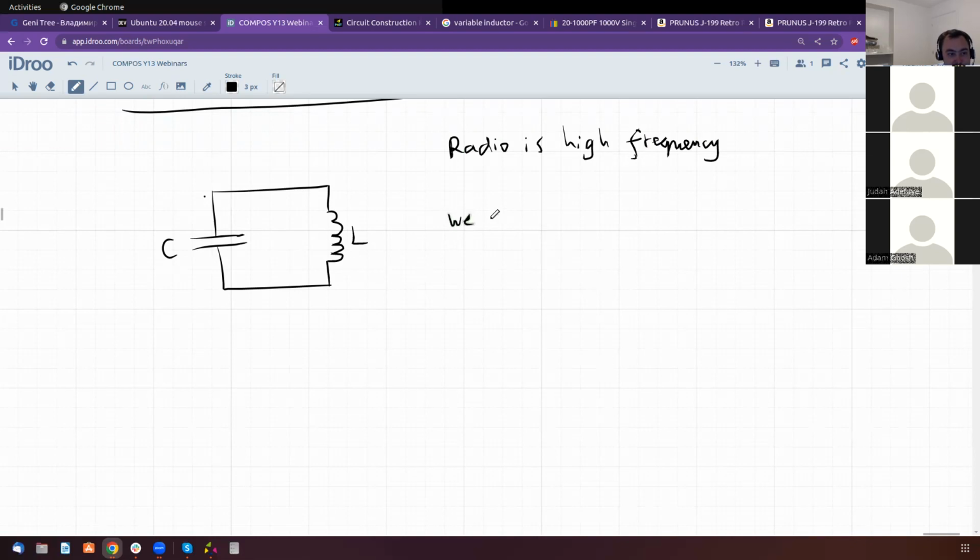We want to increase the frequency. And we know that the time period is 2 pi square root of LC. So what are the two ways to reduce the time period?